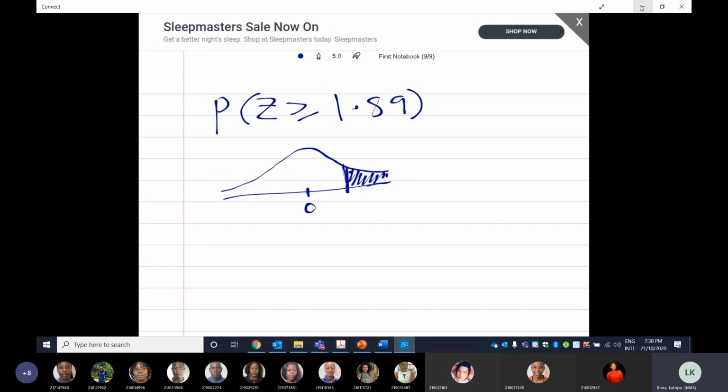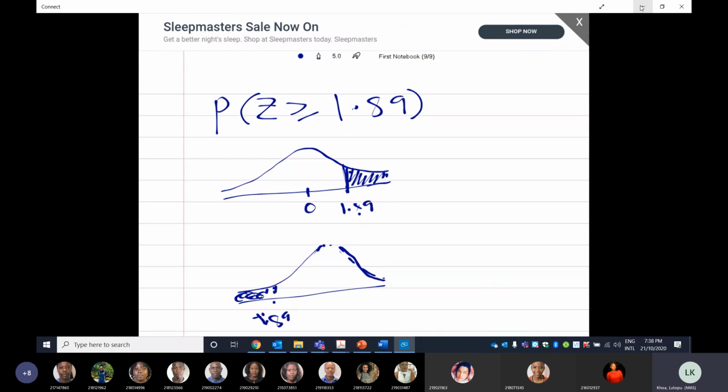Now this here is 1.89. What we can do from our table is read the area like that. Here I have negative 1.89. I can read this area from my table, and because the normal curve is symmetric, these two areas are the same.